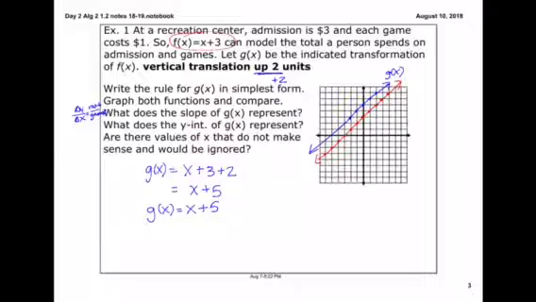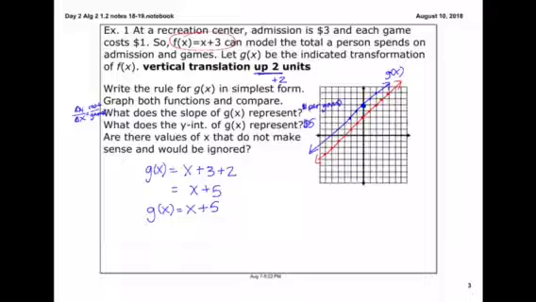So the y-intercept of g of x represents the admission that we pay to get in. So the admission would be $5, and then the slope would still be $1 per game.